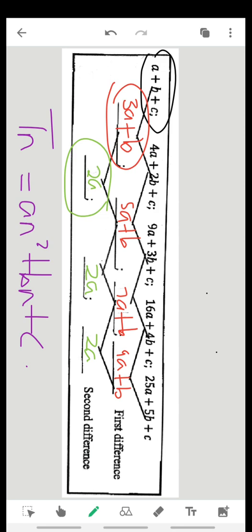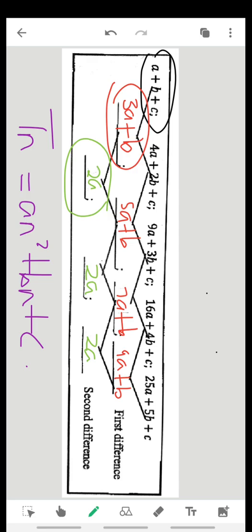Then the last term being 25A plus 5B plus C. And then I say to you, find the first difference. So 4A minus A is 3A, 2B minus B is B, C minus C is 0. So I've actually filled up the first difference row.